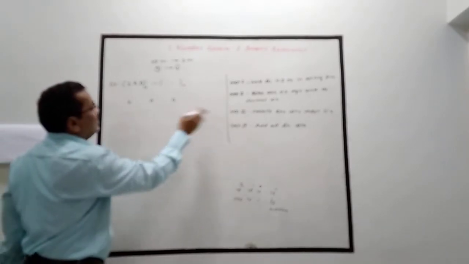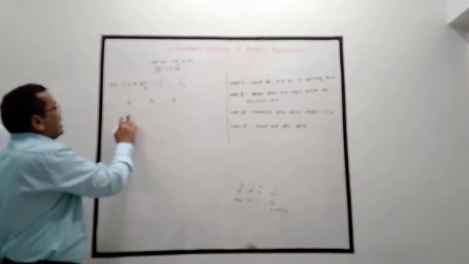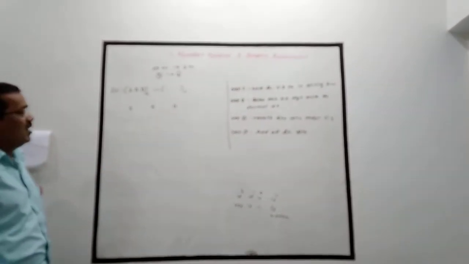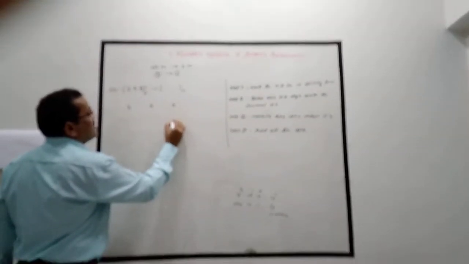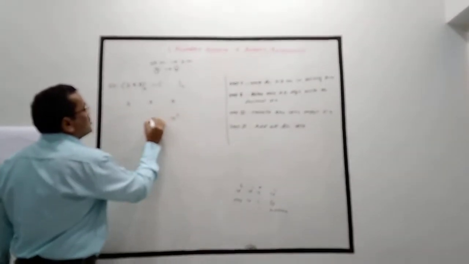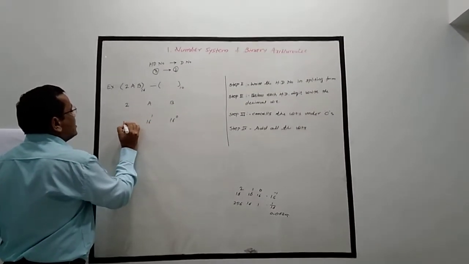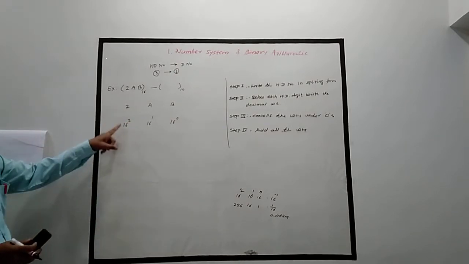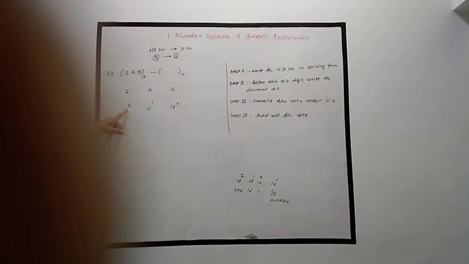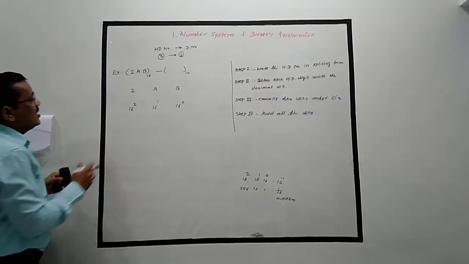Write the weightage of each hexadecimal bit in decimal form, that is 16 raised to 0, 16 raised to 1 and 16 raised to 2. These are the decimal weights of HD bits. Now here it is multiplied by 2.